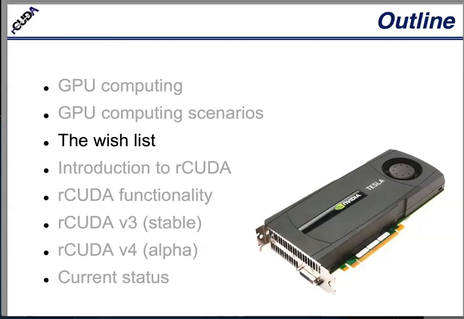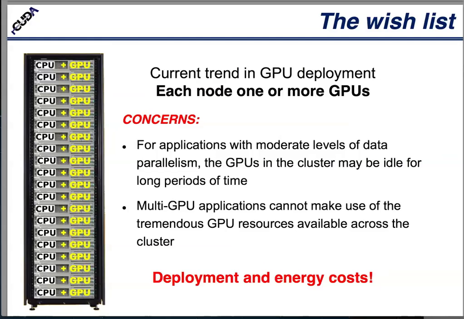Once I have introduced our idea of GPU computing, I think you know all I have said until now. I will introduce our wish list: what we want to do with our project. The current trend in GPU deployment is something like this.